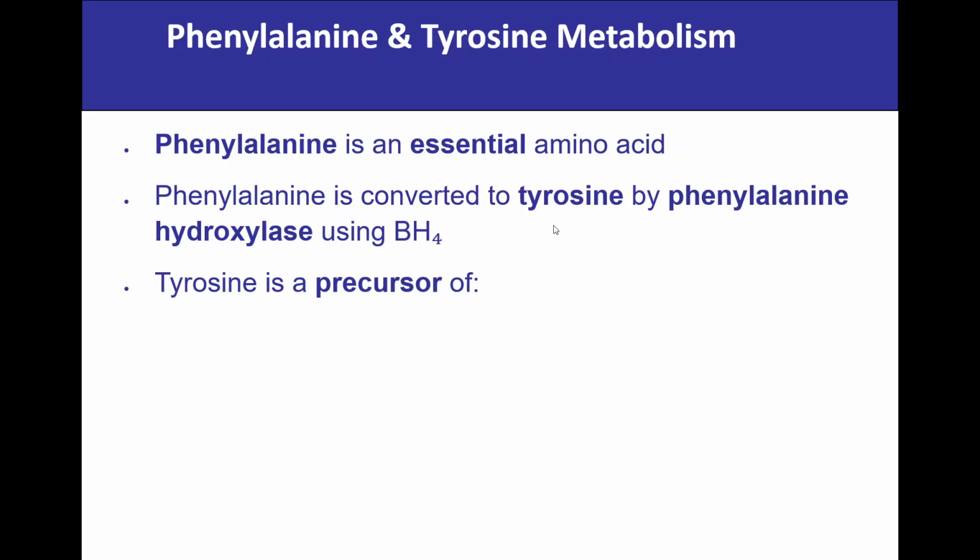So how does phenylalanine get converted to tyrosine? By hydroxylation. So we need to add what? OH. That means tyrosine is phenylalanine plus an OH group. And to do that, we need a special cofactor, not tetrahydrofolate this time. What is it called?